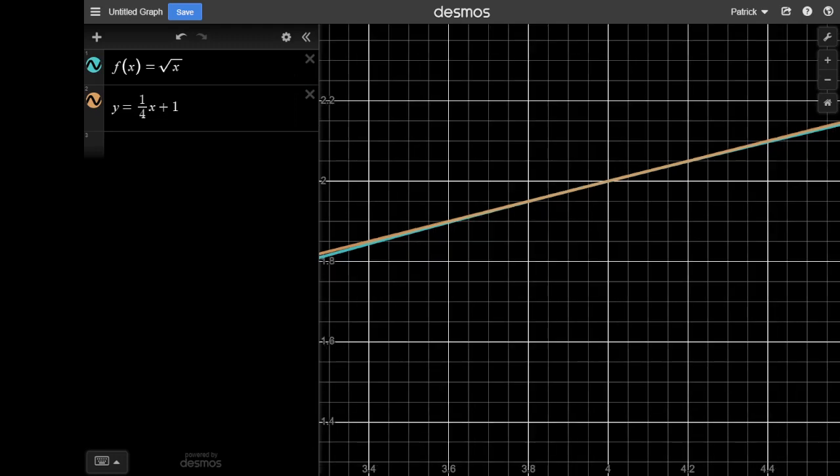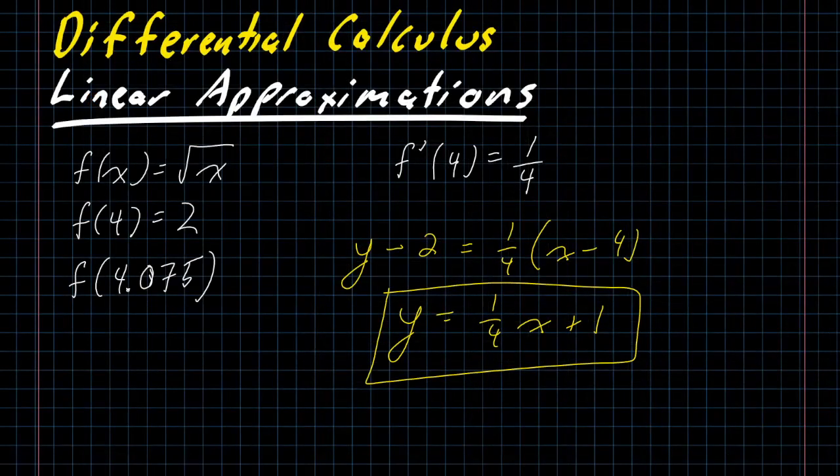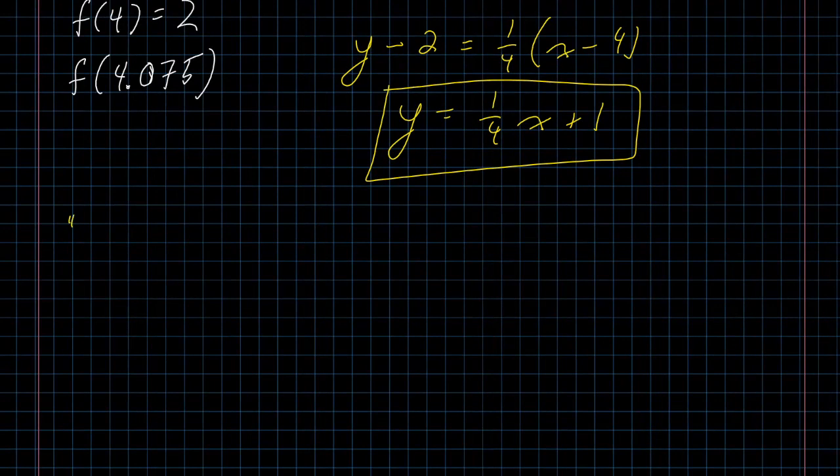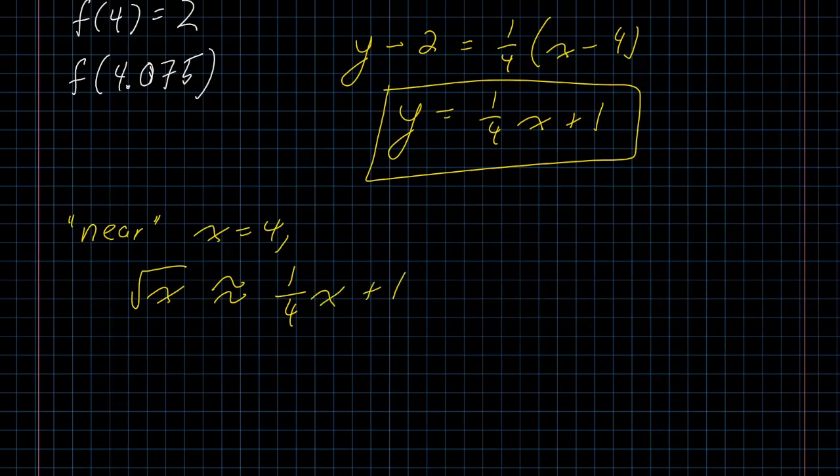If we look at a small enough region, the function and its tangent line are indistinguishable. That's the idea behind a linear approximation. Near x equals 4, the square root of x is approximately equal to the tangent line, 1/4 x plus 1.